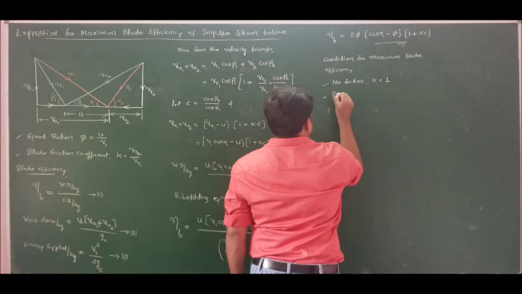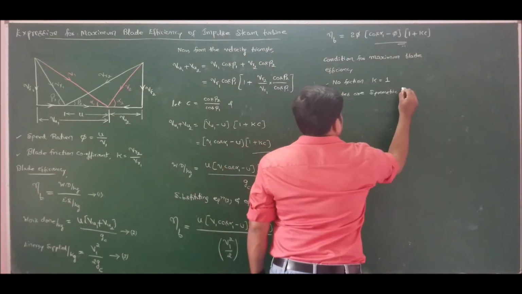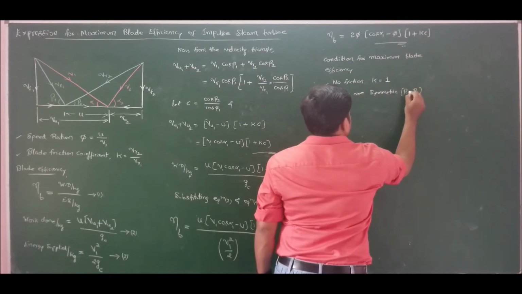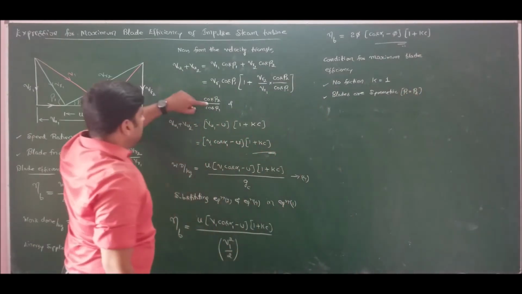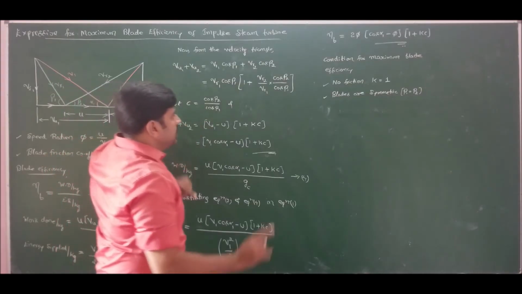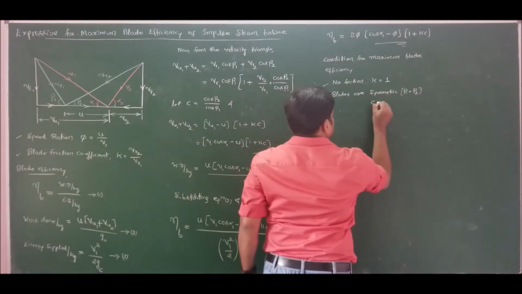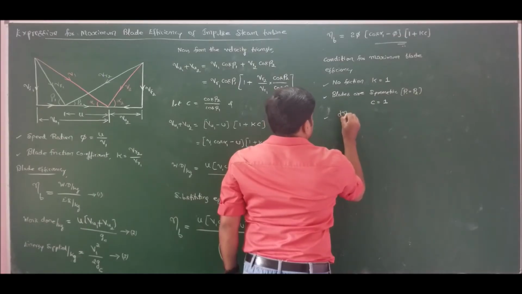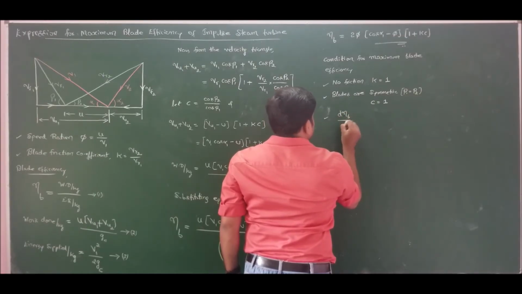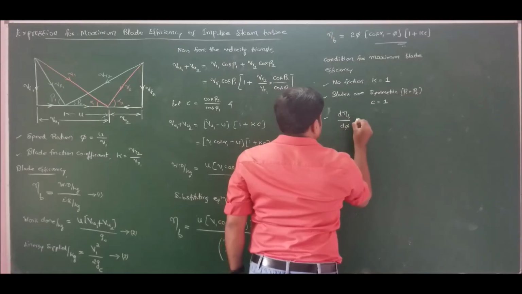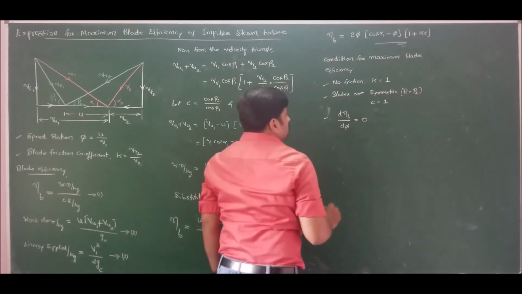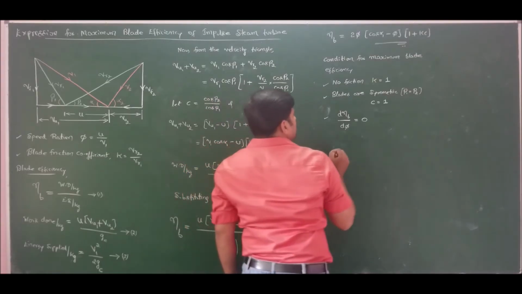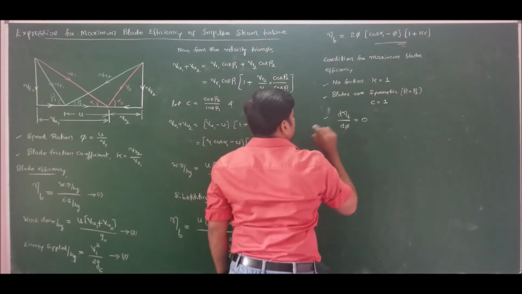Blade should be symmetric, that is beta 1 should be equal to beta 2. If beta 1 and beta 2 are equal, C will become 1. And the third condition is that the derivative of blade efficiency with respect to speed ratio should be equal to 0. So therefore, find the third condition by substituting the blade efficiency equation.